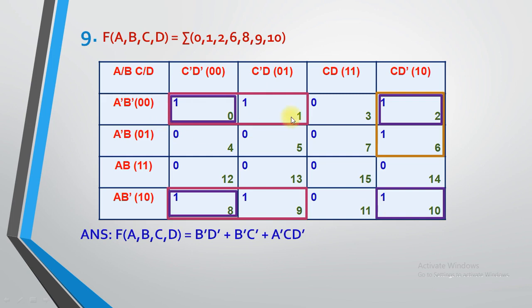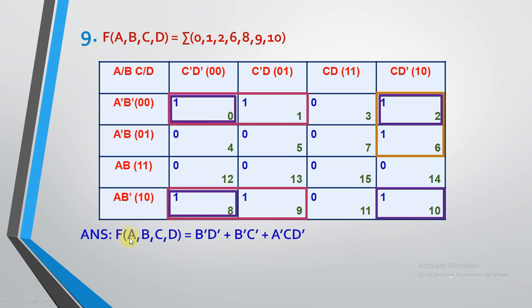Next is pink. Pink again contains the coordinates at the corner. So the group of 0, 1, 8, 9 is possible. And based on that, you will get the output or answer.